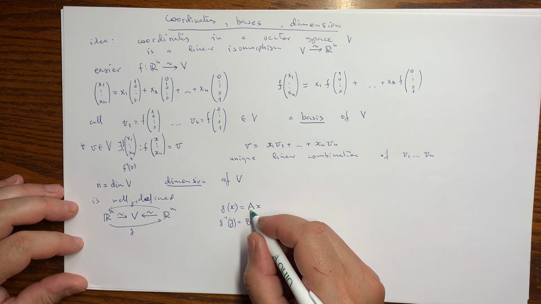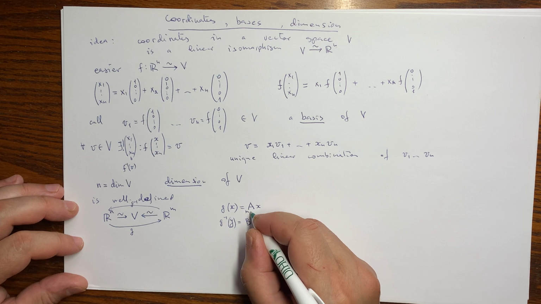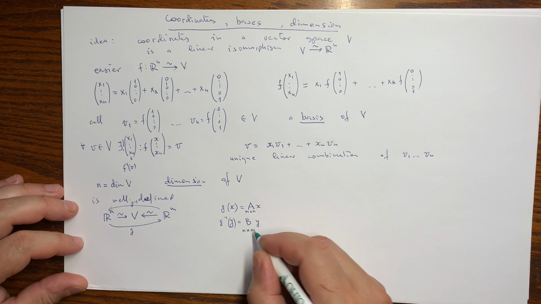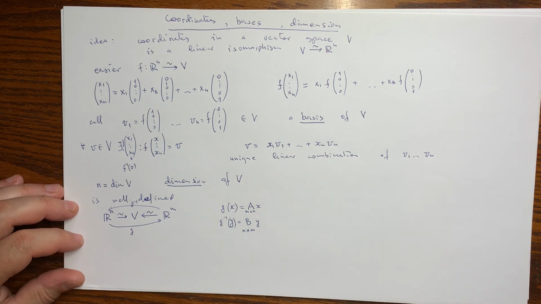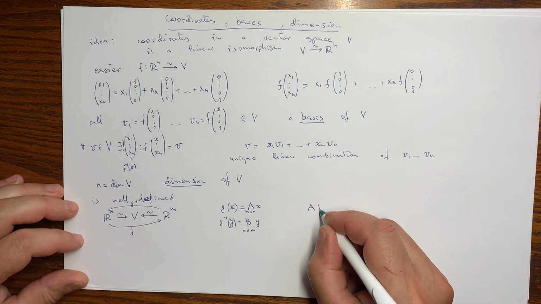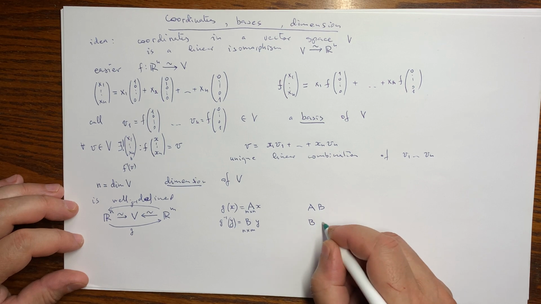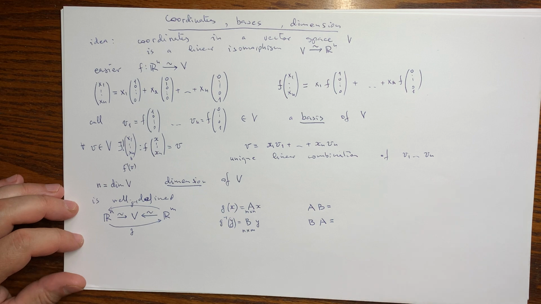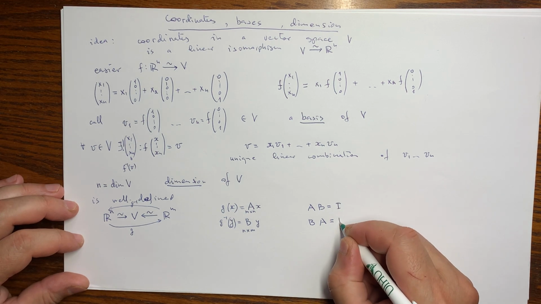So the dimensions of A will have to be m by n, and here we'll have an n by m matrix B. And then the fact that they are mutually inverse maps will mean that the products of matrices in both possible orders will be identity matrices.